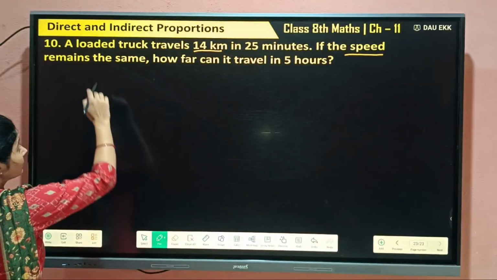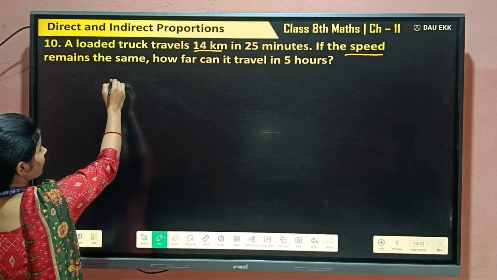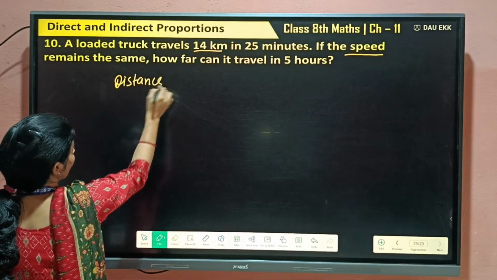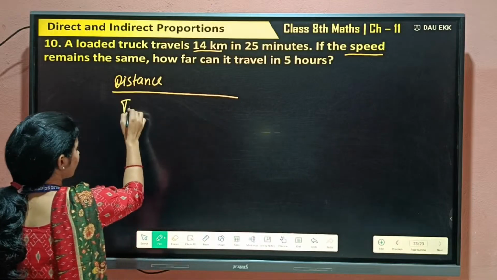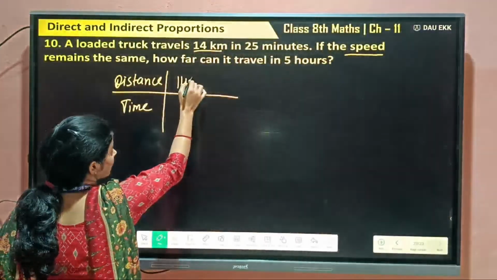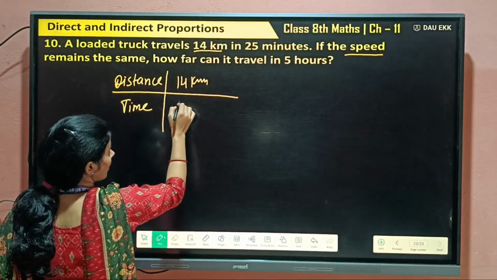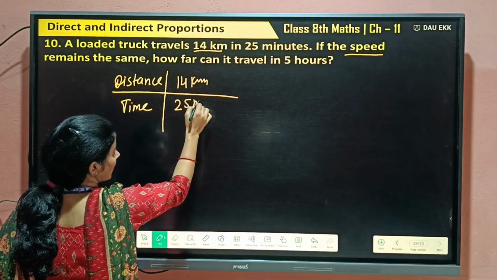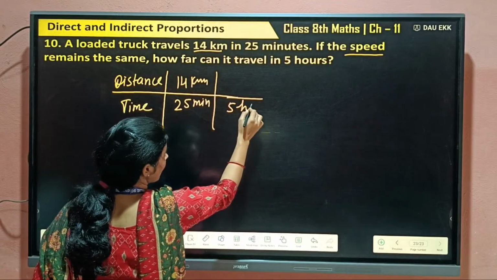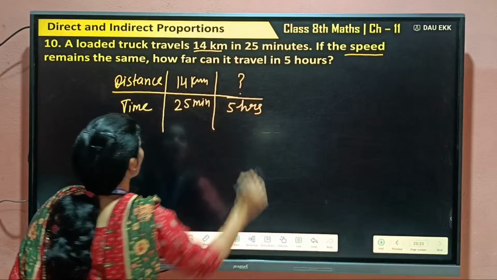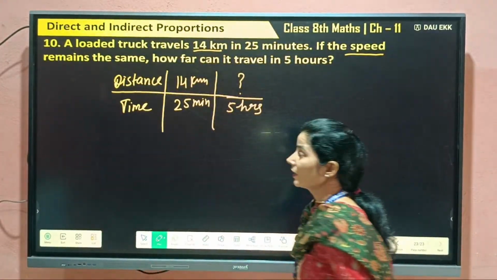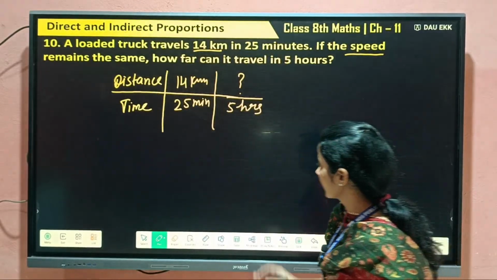So you will write there distance and time. 14 kilometer distance is traveled in 25 minutes, and in 5 hours how far it can go, how much distance it will travel, this we need to tell.